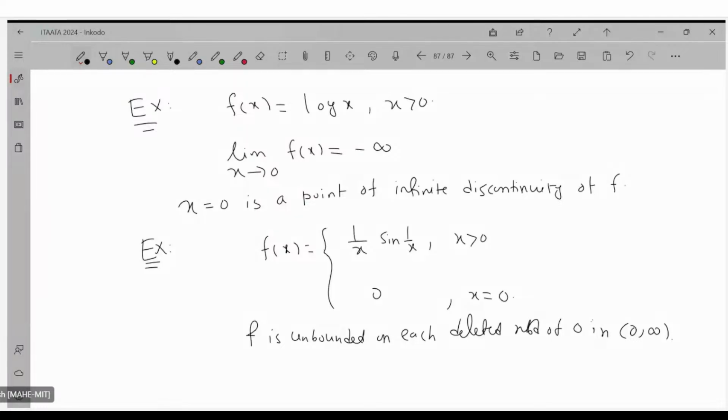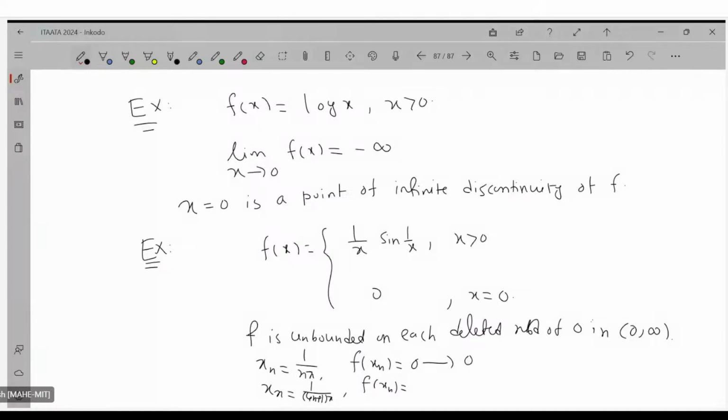No. If you take a sequence like x_n equals 1/(n pi), what value are we getting? f(x_n) is n pi into 0, so it's 0, converging to 0. That's fine. But if you take x_n equals 1/((4n+1) pi/2), what is the value we are getting?